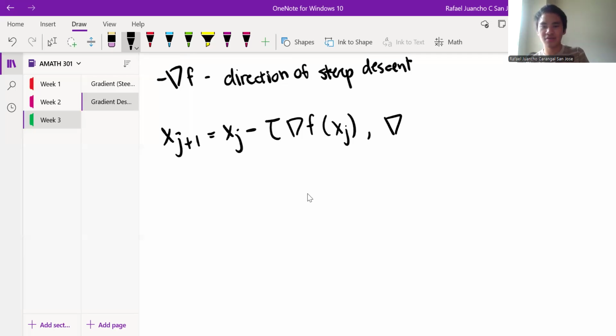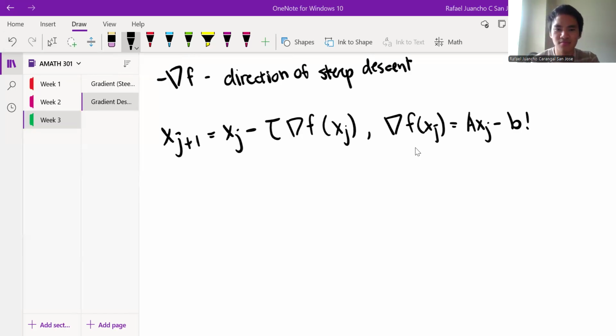Here we say that my gradient is just Ax_j minus b. And so again, this is just using gradient descent and iterative schemes, where tau is the step size. This is the method of steepest descent or gradient.